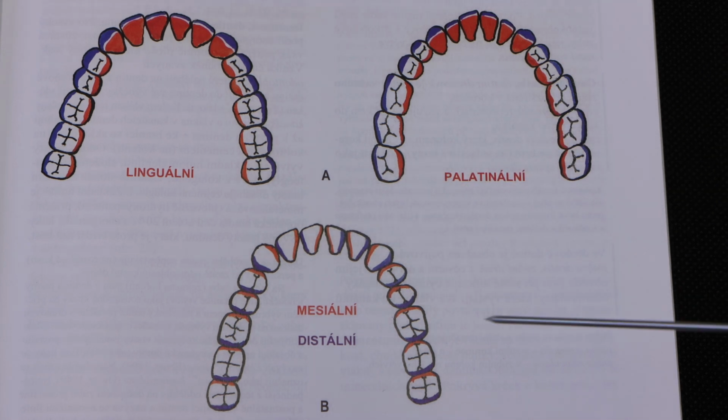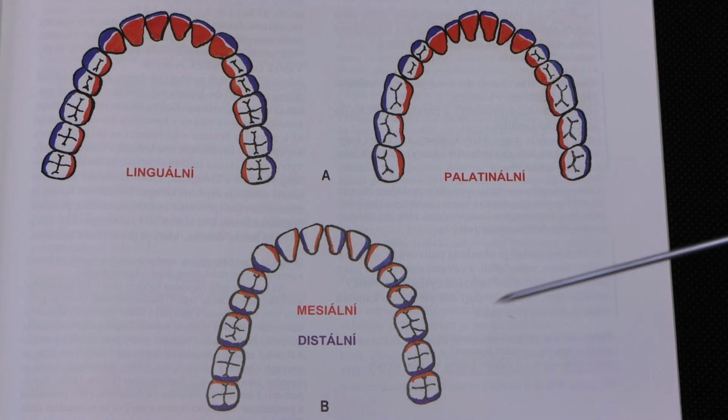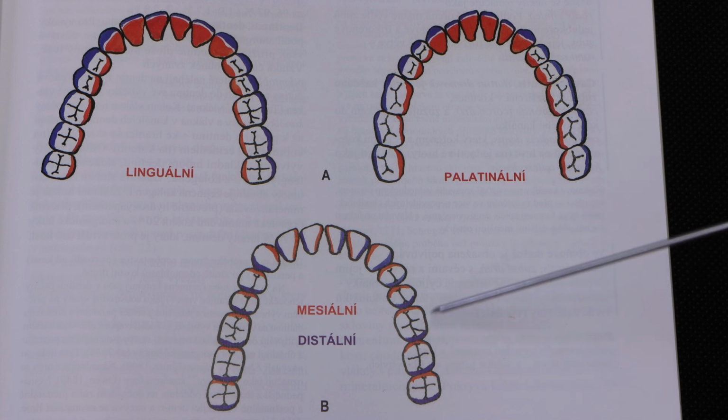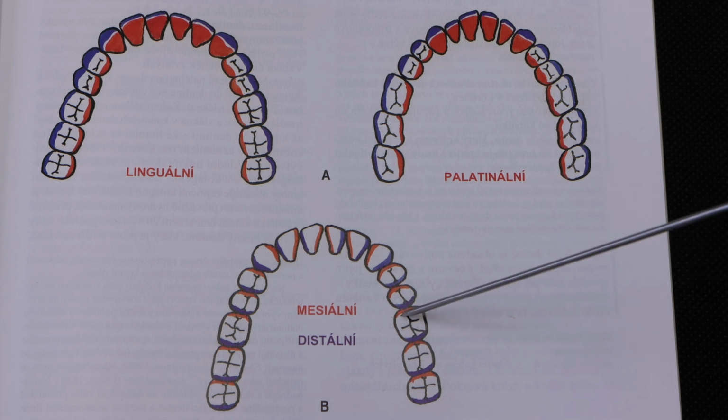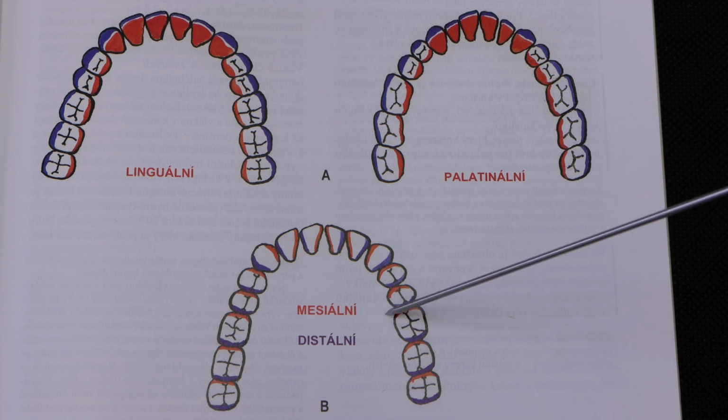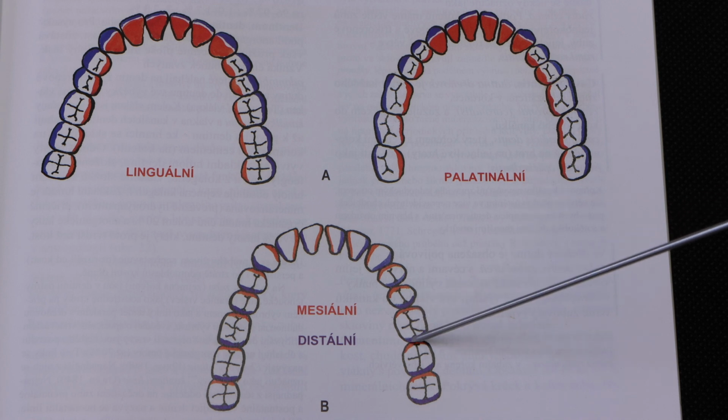So this approximate surface can be divided into the mesial surface and distal surface. For example, if I consider the first molar, this surface is called the mesial surface, and here is the distal surface.